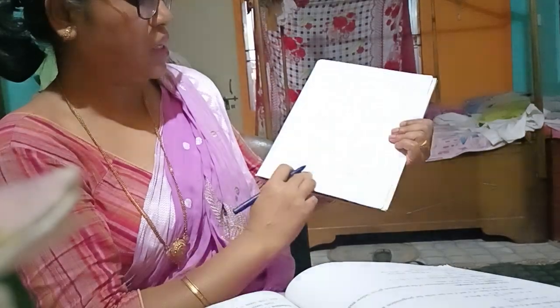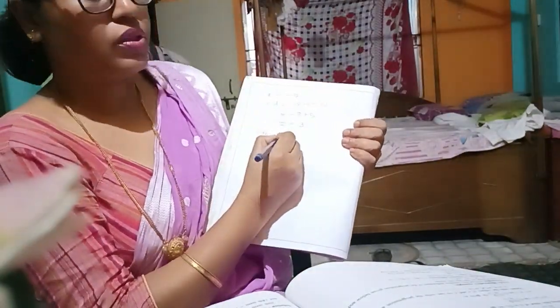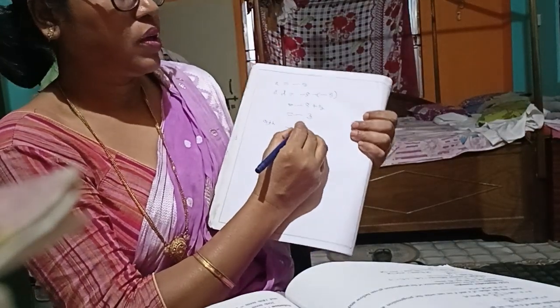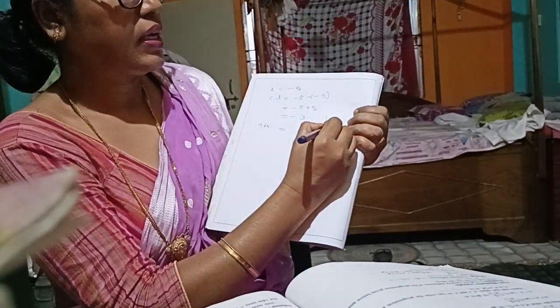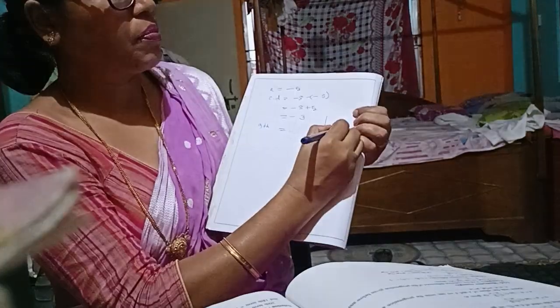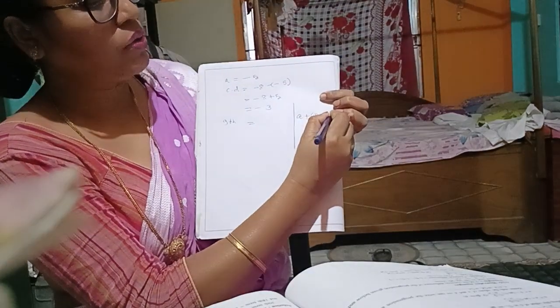What to find here first? Nth term. Therefore nth term is equal to, what is the formula we use? A plus (n minus 1) into d.